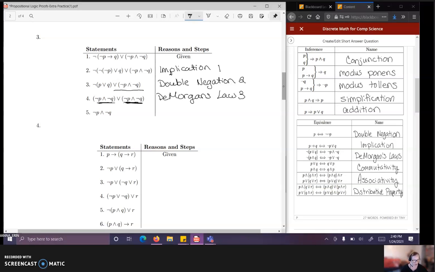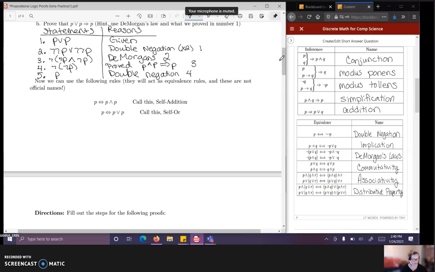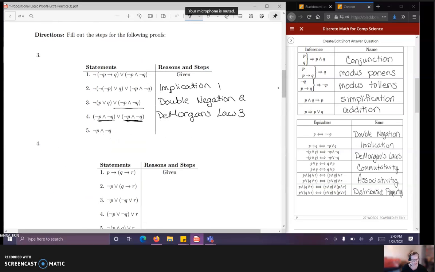From the last page, we got two new rules that tell us that we can always go between something and itself to just the something, or even something or itself to just itself. Just for the sake of practice, these are not their official names; we're calling them self-addition or self-or. Since those two things are exactly the same, this would be a case of that self-or situation.